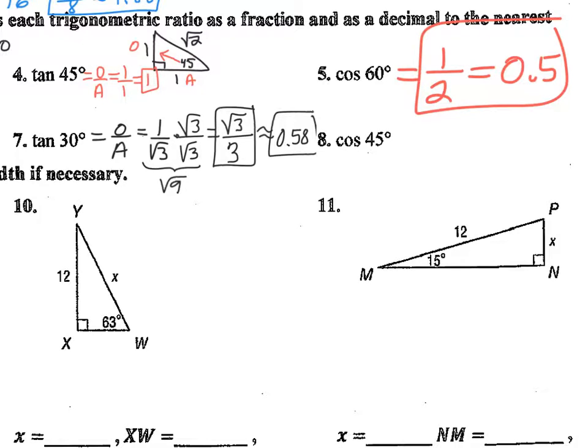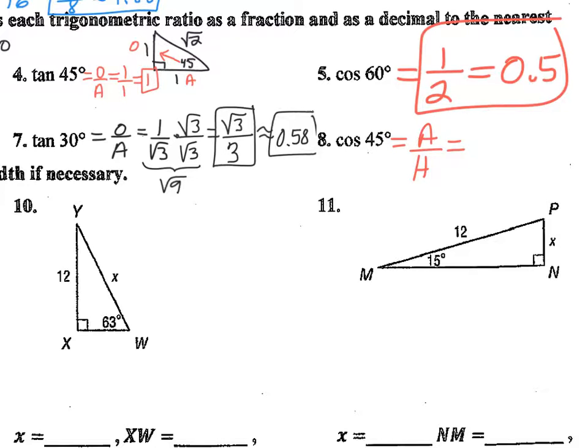Okay, so cosine of 45, that is adjacent over hypotenuse. What's the adjacent side? From 45, the adjacent would be 1, isn't it? Right? And the hypotenuse? Square root of 2. So it's 1 over square root of 2.